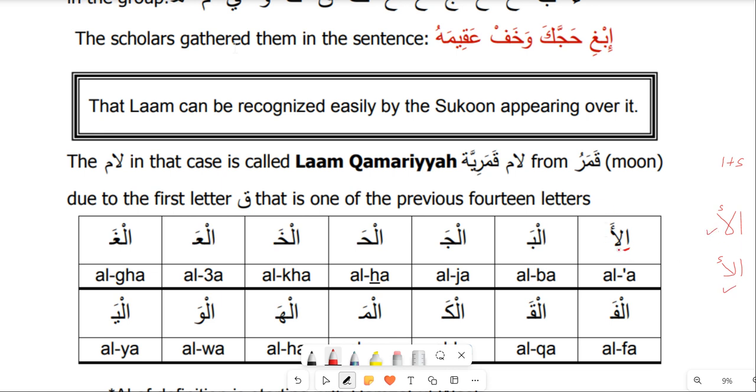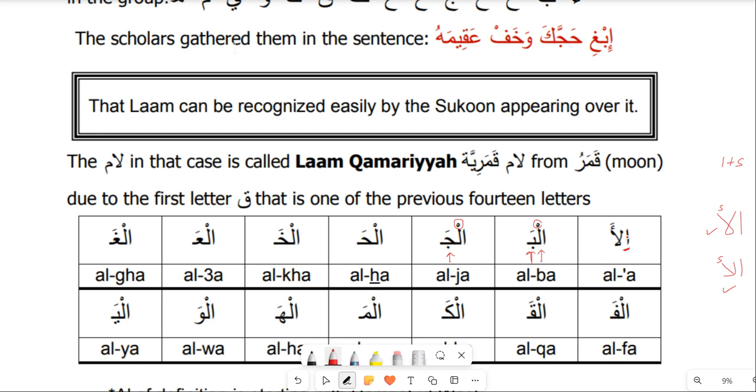And you can see the Qamariya letter when they come, or the Qamariya lam. Know that there will be a sukoon on the lam, and the next letter you will see is a normal letter with a fatha, and there is no shadda. So this is the explanation for the hamza coming with the laam at-tareef.